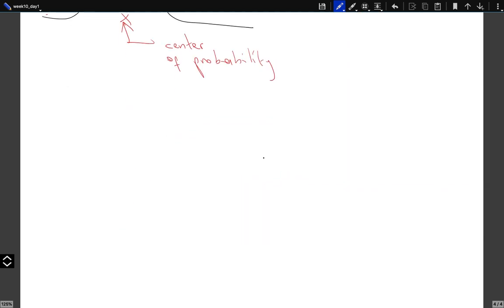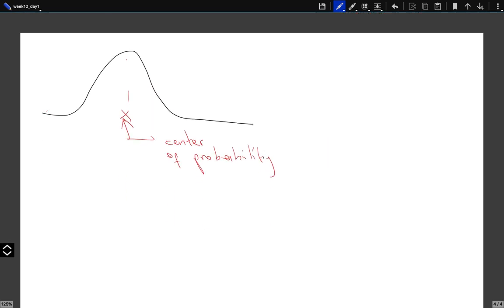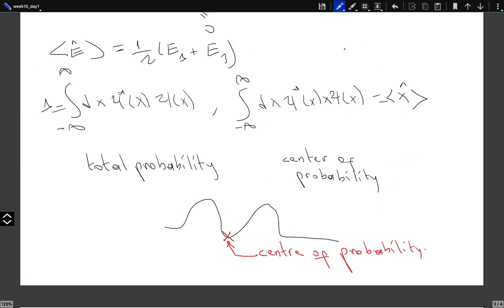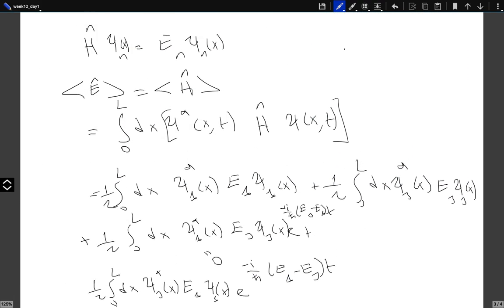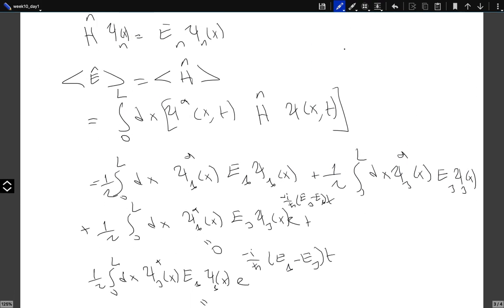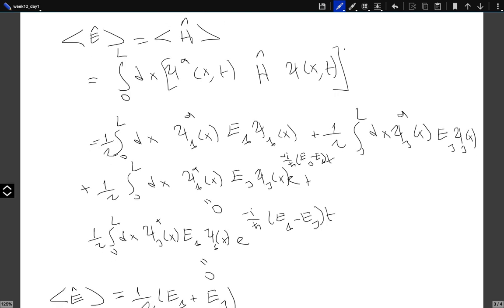Now let me write one more equation about the expectation values. When I was looking at the expectation value of the energy, there are in fact these time-dependent terms, which in this case cancel, they are zero.